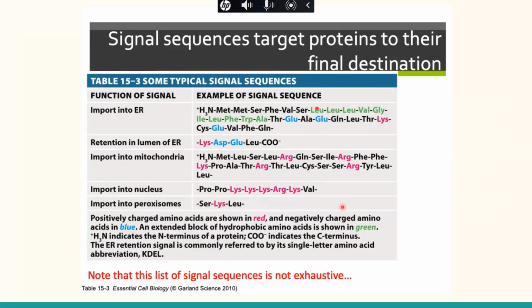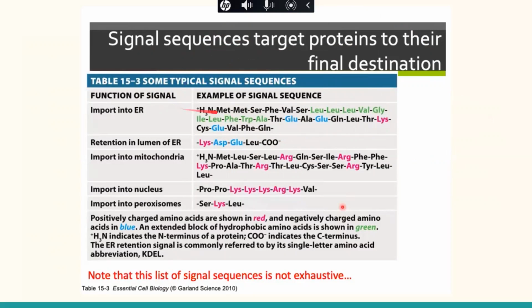So it can be any combination of nonpolar amino acids in this little stretch right here. And that's pretty much the same for most of them. It's not an exact sequence. It's usually just the type of amino acid that is in that portion of the sequence.